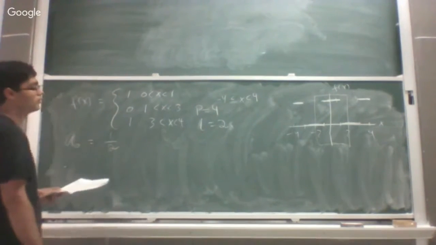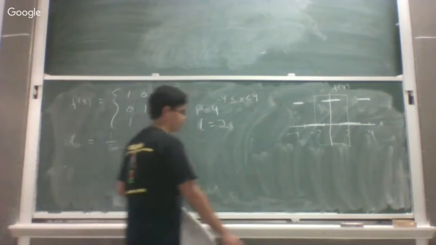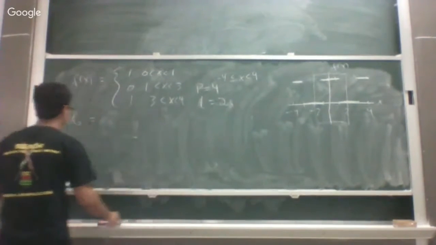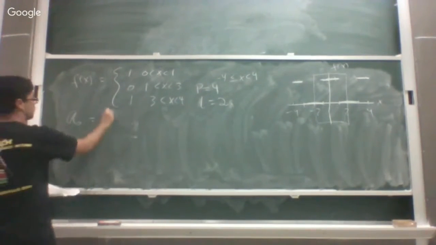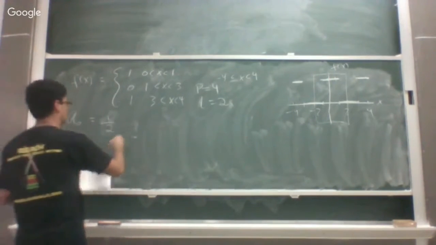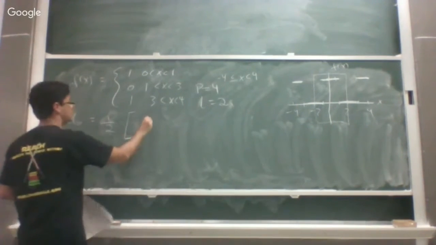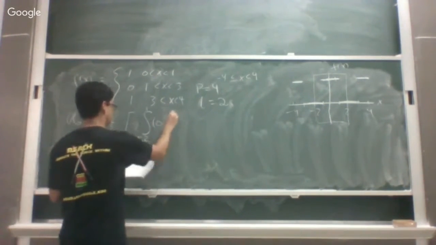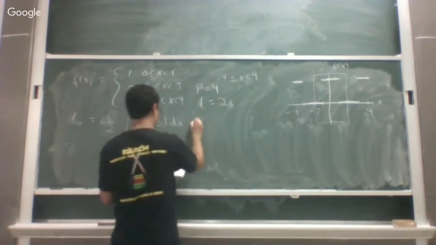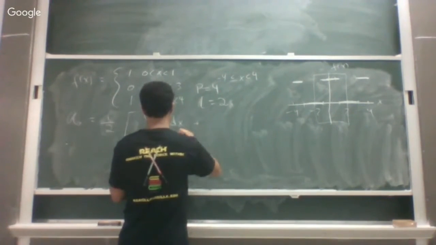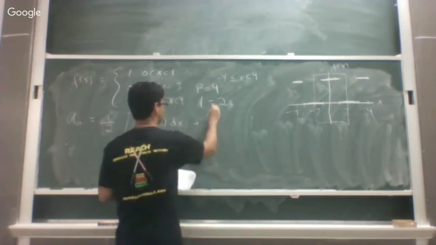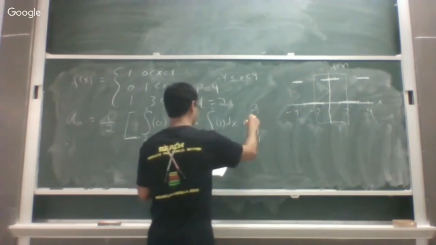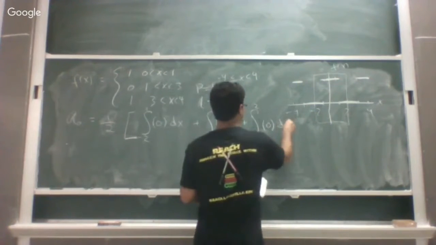Let me see. So what they did was, I'll show both ways. So A sub naught would be 1 over L, which is 1 over 2, right? And we multiplied that throughout the whole thing. So first we go from -2 to -1, where our f of x is 0, and then we have dx, plus -1 to 1, where f of x is 1, we have dx, plus from 1 to 2, where our f of x is 0, and then we have dx, okay?